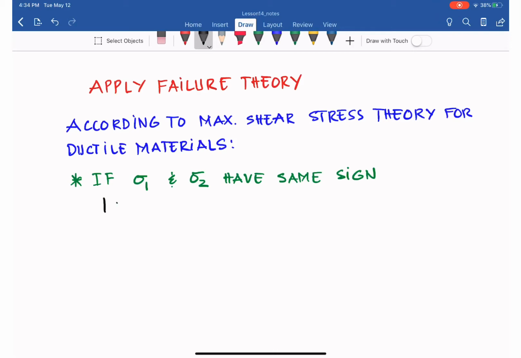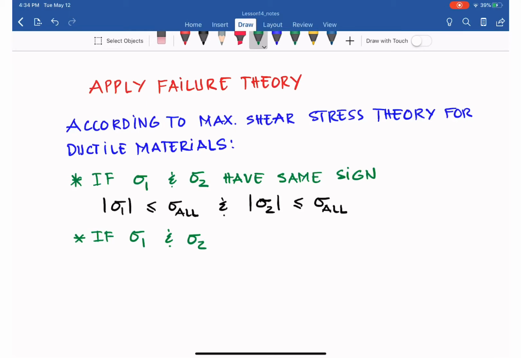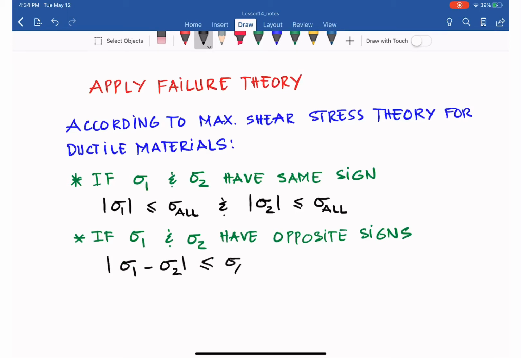We have to check that the absolute value of sigma 1 is less than sigma allowable, and the absolute value of sigma 2 is less than sigma allowable. And if sigma 1 and sigma 2 have opposite signs, then we have one criterion: the absolute value of the difference, sigma 1 minus sigma 2, has to be less than sigma allowable.